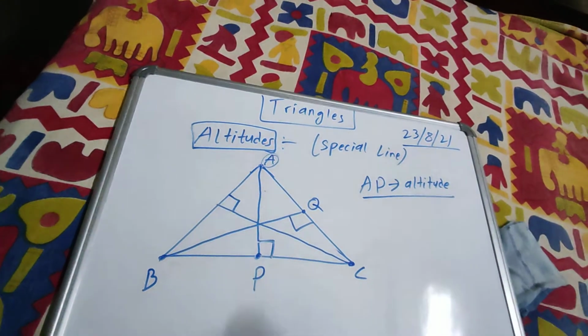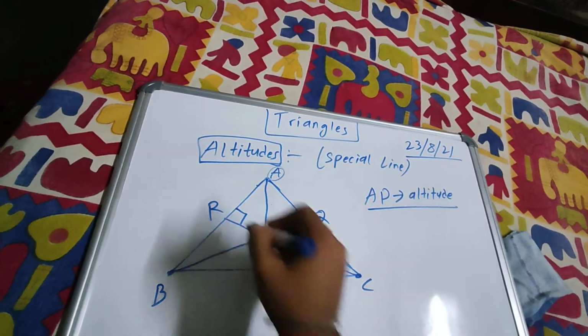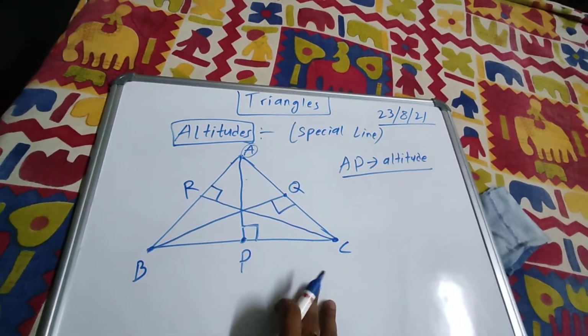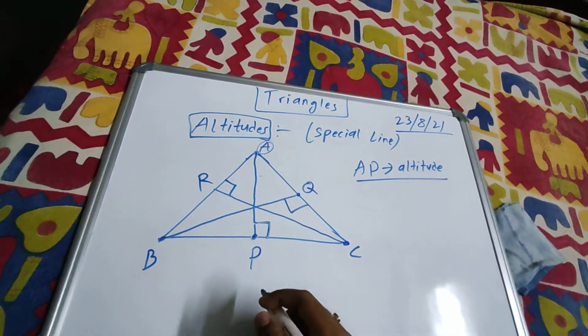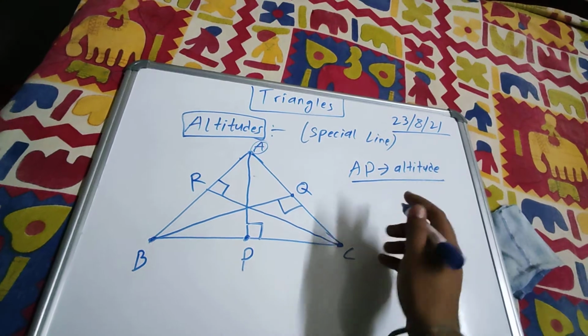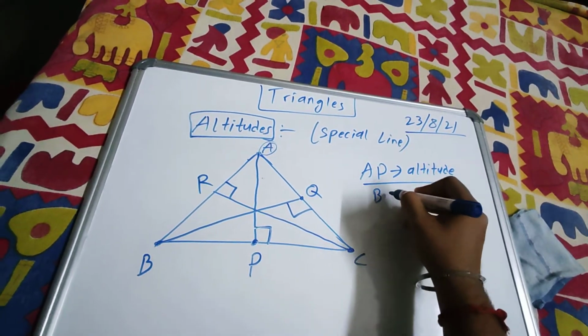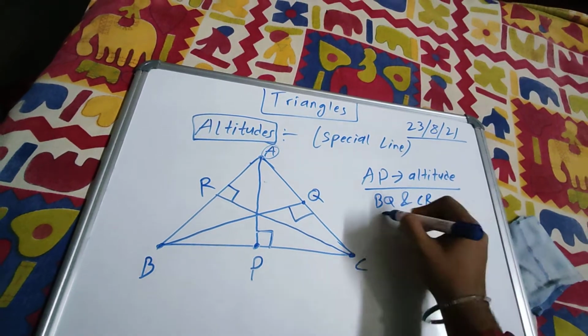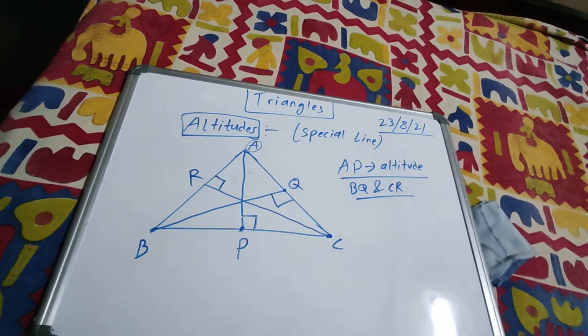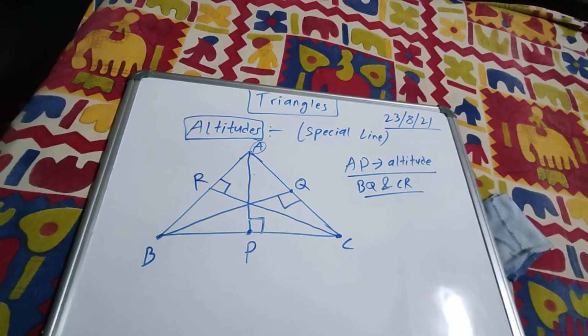See, again 90 degrees. Name it R. So I think you have grasped the concept of altitude. Now AP is altitude, and two more altitudes are there, that is BQ and CR. They are also altitudes. AP, BQ and CR are the three altitudes of the triangle.